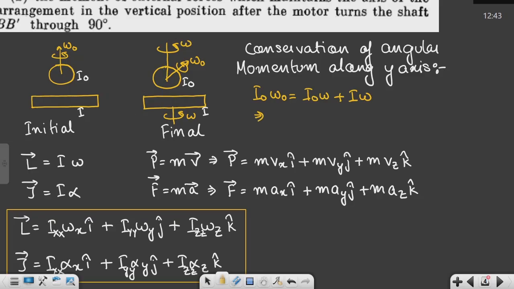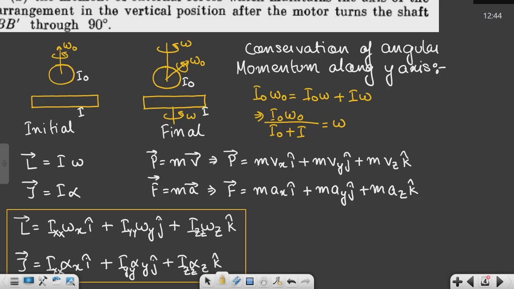Now, if I solve this problem, omega is nothing but I naught omega naught divided by, wait a minute, I made an error out here. I naught omega naught, divided by, you can take omega common out here. I naught omega naught divided by I naught plus I is equal to omega. So this is the final angular velocity.